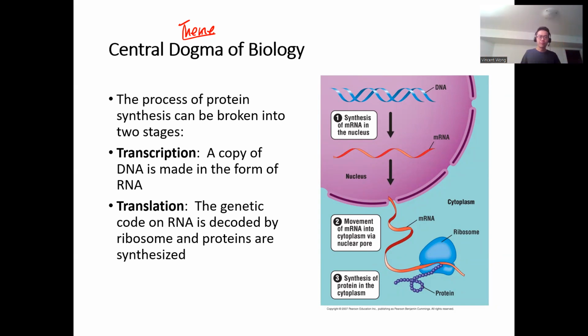So what do you do? You make a copy of the DNA, not the whole thing, but only the section that you need to make a particular protein. You make a copy of that in the form of messenger RNA. This process is called transcription. So if you make a copy of DNA in the form of RNA, that's called transcription.